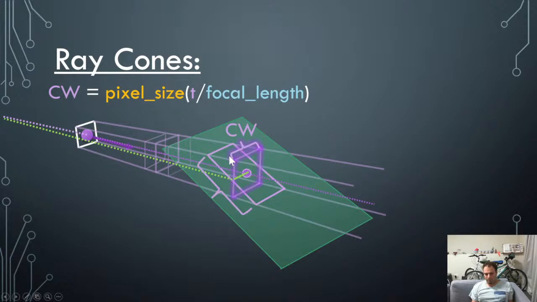And then we want to know what the actual projected representation here is.